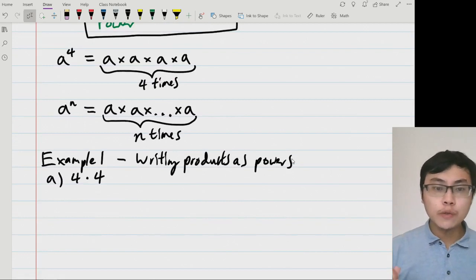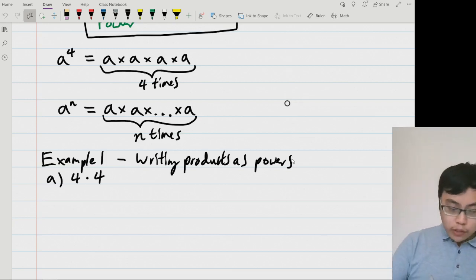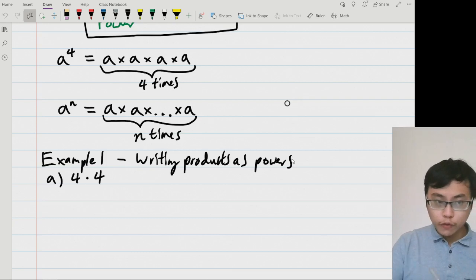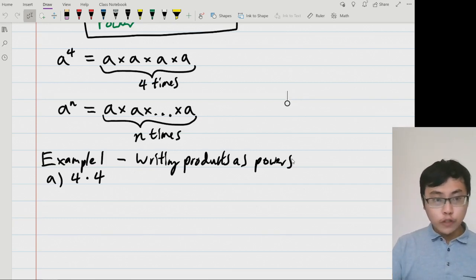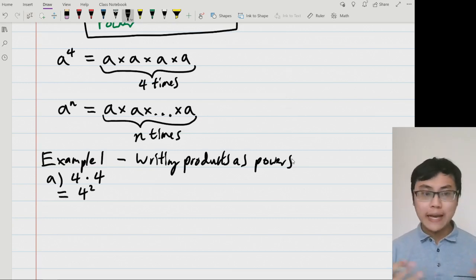When you are doing your homework, don't just give me the answer to the question. You need to copy down the question. So for example, I am copying down the question, a, 4 dot 4. Then I write the next step. This can be written as 4 squared. As simple as that.